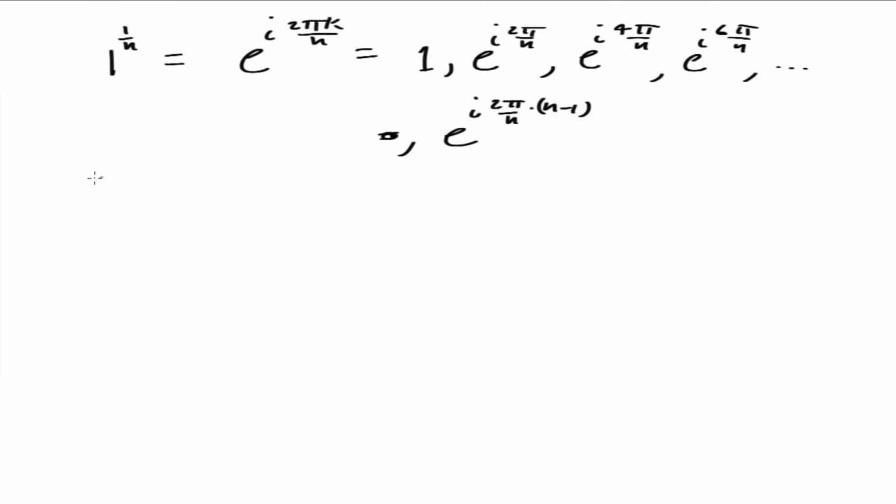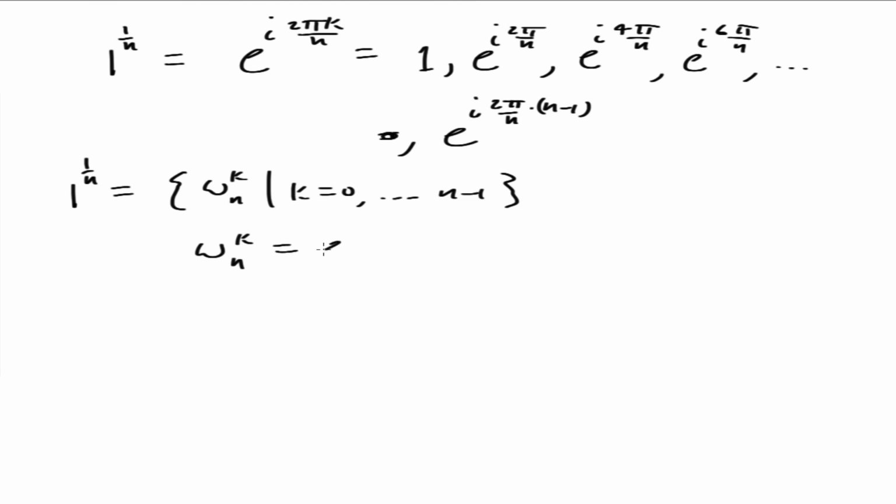So I can define the nth roots of 1 as a set, which I'll call omega n k, where k goes from 0 all the way to n minus 1, and the omega n k's are equal to e to the i 2 pi over n times k. These turn out to be really important components for creating roots of complex numbers.